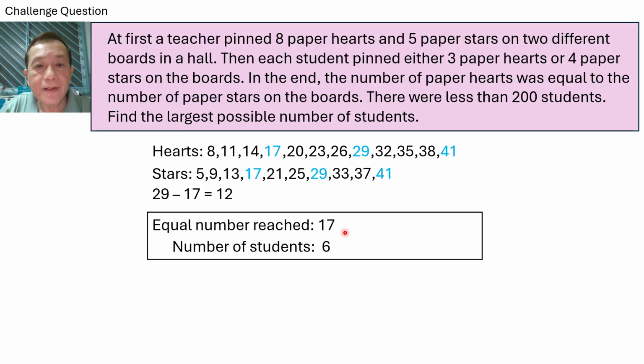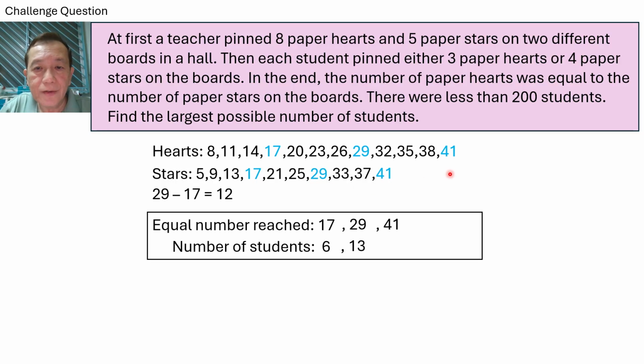When 17 is reached, the number of students is 1, 2, 3, 4, 5, 6. When 29 is reached, the number of students is this 6 plus 1, 2, 3, 4, 5, 6, 7, 13.